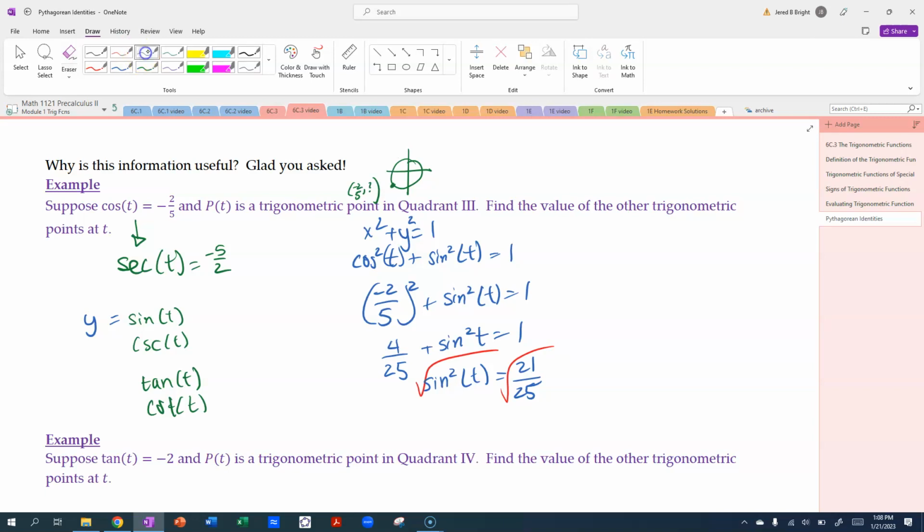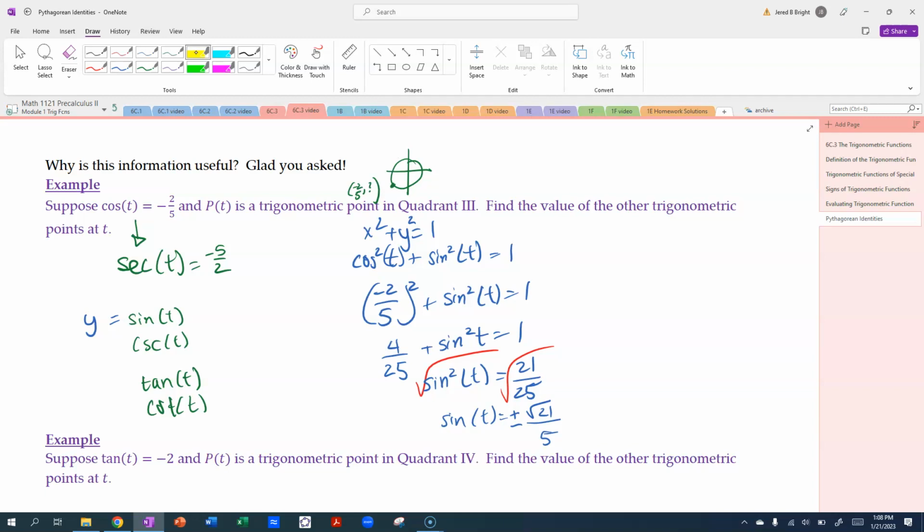Sine of t is equal to square root of 21/25. Square root of 21/5. If you go through and do the arithmetic to simplify this. Now, again, when you introduce a square root, you have the plus and minus. Okay? In this instance, I can't have both positive and negative.